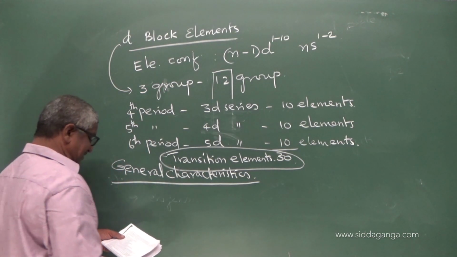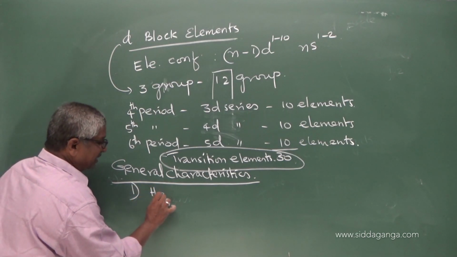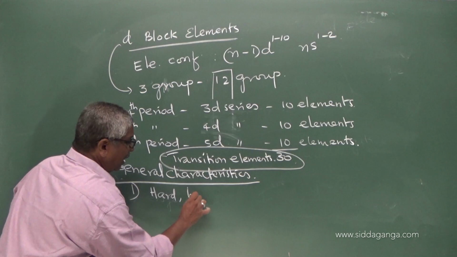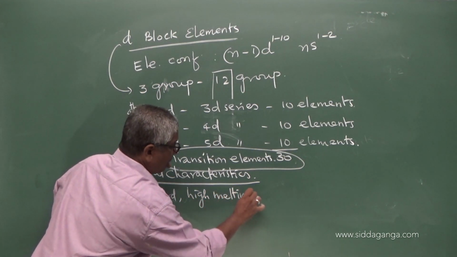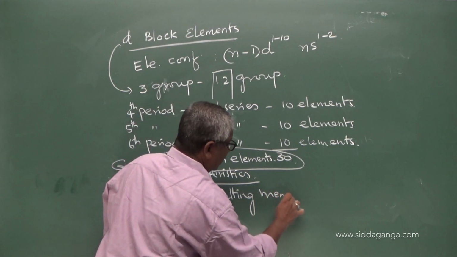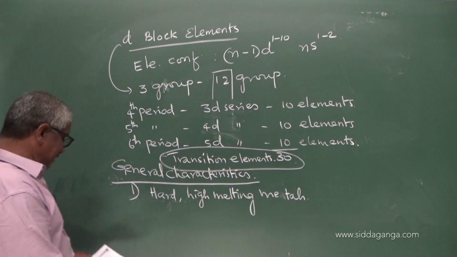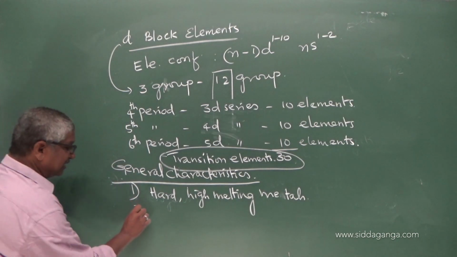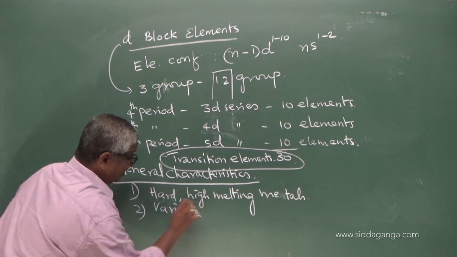The first one: it is hard and high melting metals. The d block has hard, high melting metals, and these also have variable oxidation states.